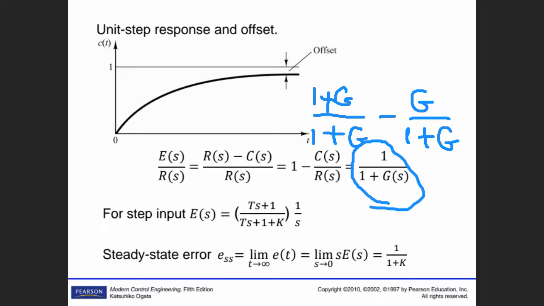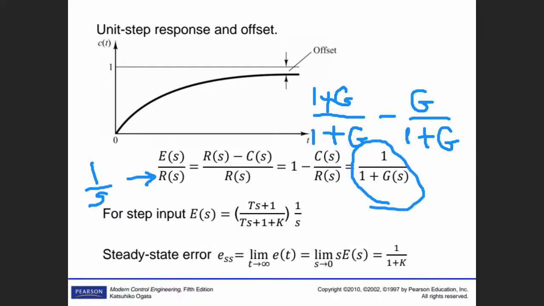So this is the error function, which is then multiplied with Rs. If Rs is a step, that means 1 over S. Never forget that. Then if you put 1 over S here, you obtain this one.